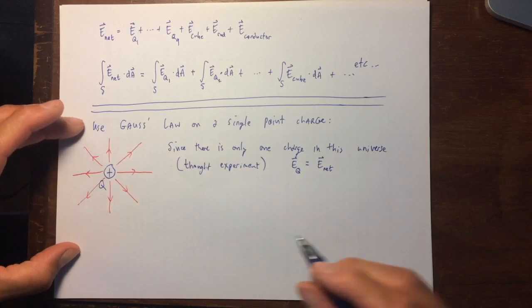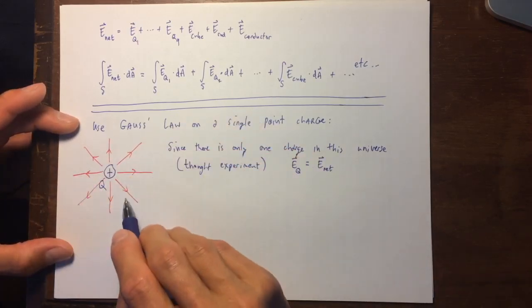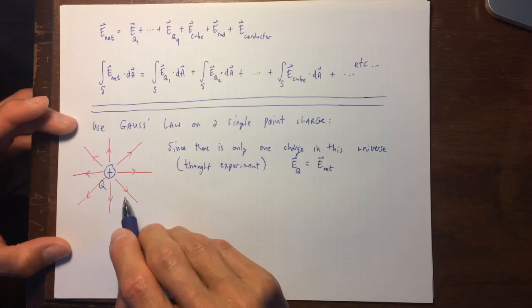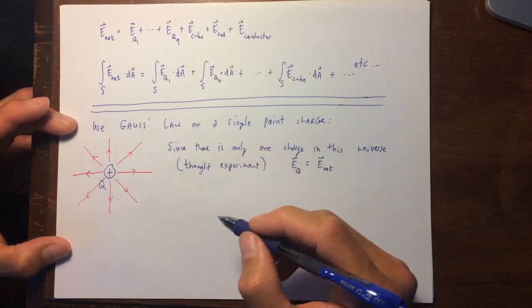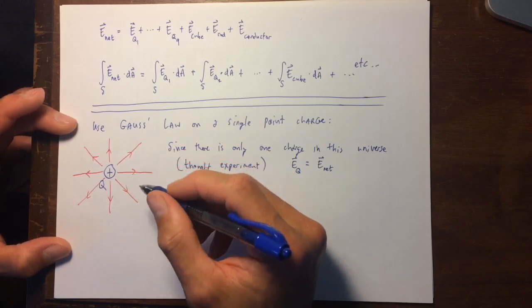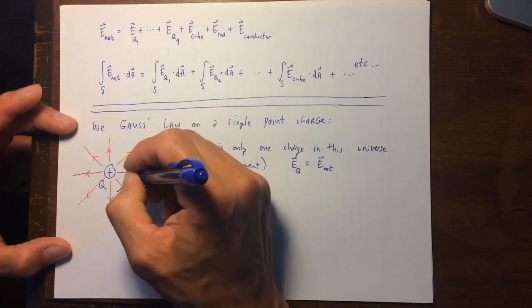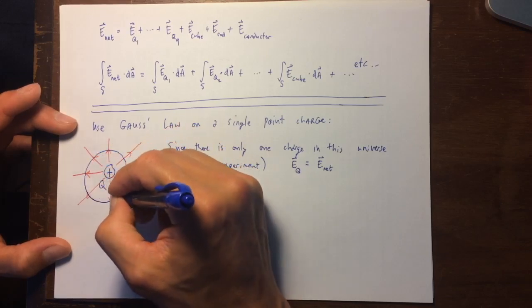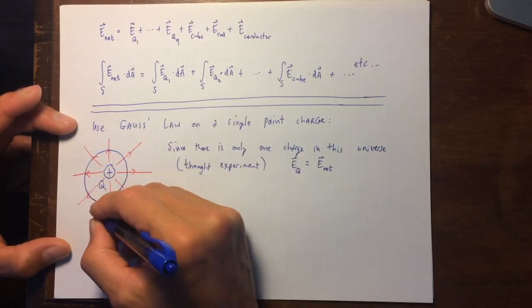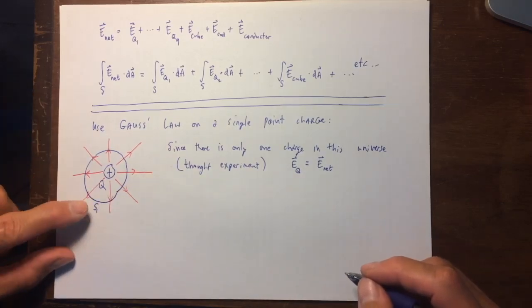So I've definitely got this electric field. You've worked with it already. And let's consider arbitrary surface S. So let's draw this as our surface S1, right? So we're going to do a couple of surfaces.